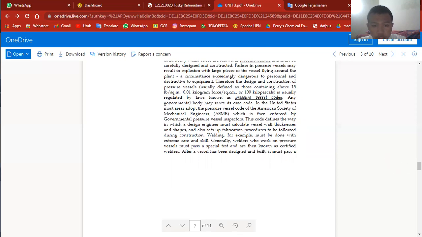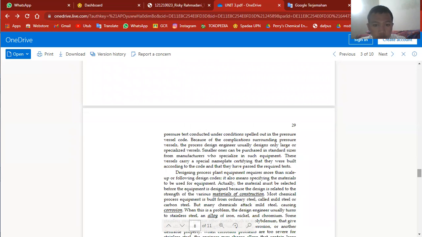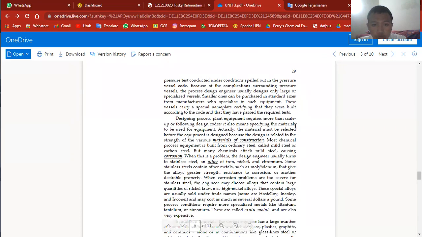After a vessel has been designed and built, it must pass a pressure test conducted under conditions spelled out in the pressure vessel code. Because of the complications surrounding pressure vessels, the process design engineer usually designs only large or specialized vessels.